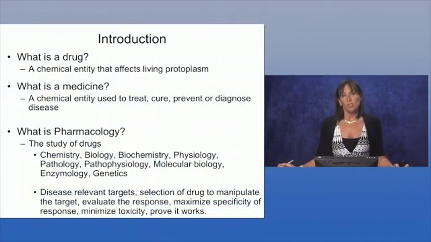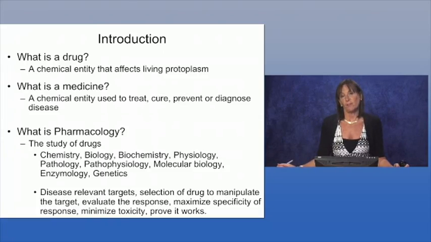Pharmacology is, in addition to these basic sciences, the study of what is an appropriate target. Why do we swallow a pill to help cure a pain in our fingernail? What is the concept of a relevant target? How do we choose a drug to manipulate that target?